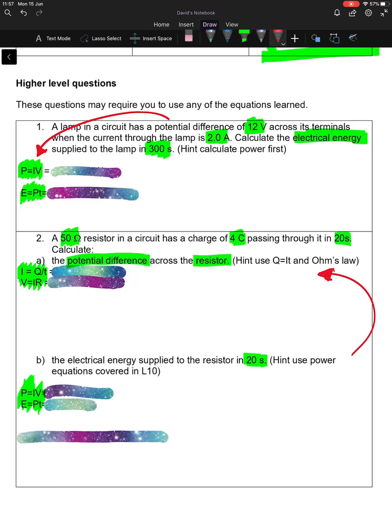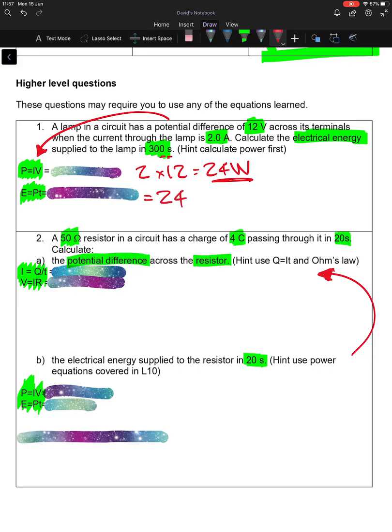Right, hopefully you've had a go, and if you want to pause the video, we can work through some answers. So, P equals I times V. We should have spotted that our current is 2, and our voltage is 12, which would give us 24 watts.